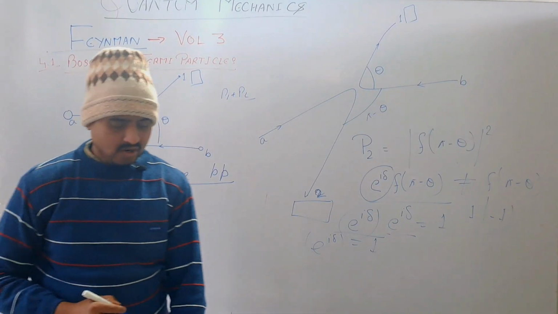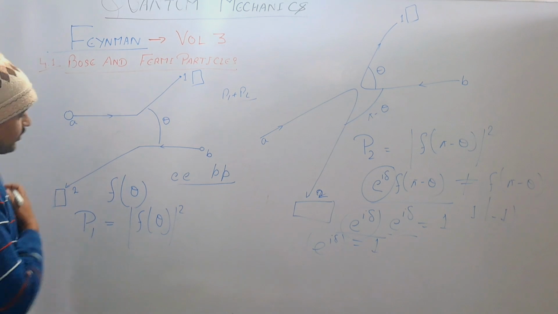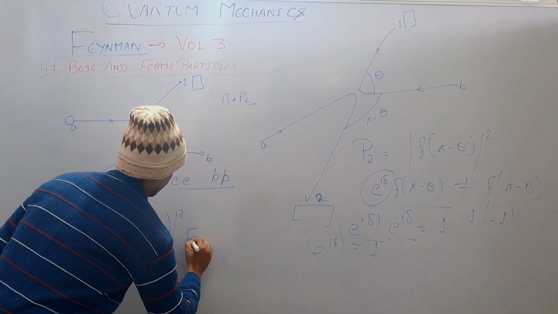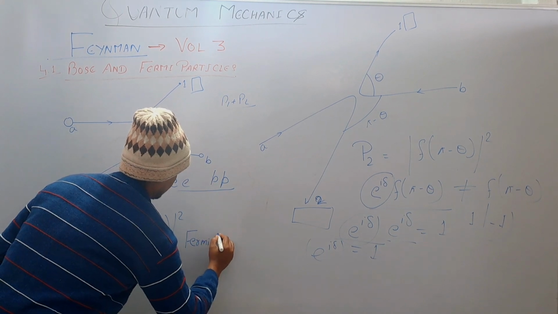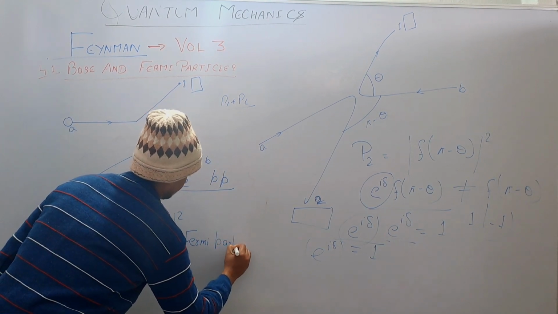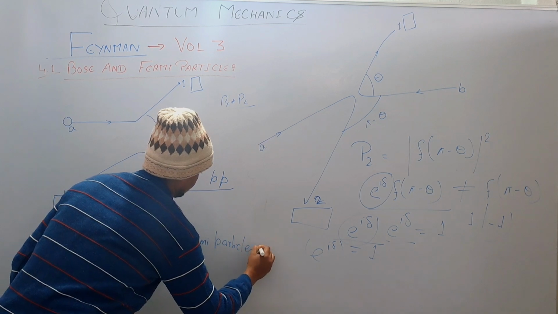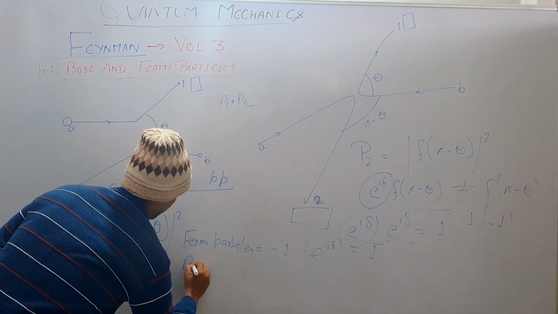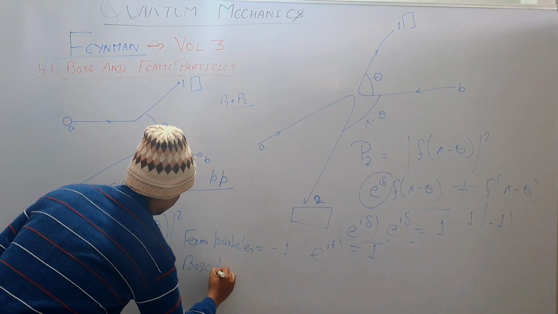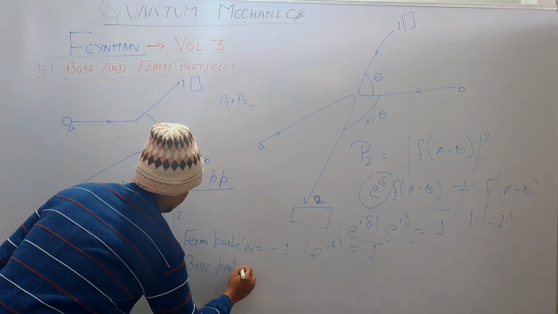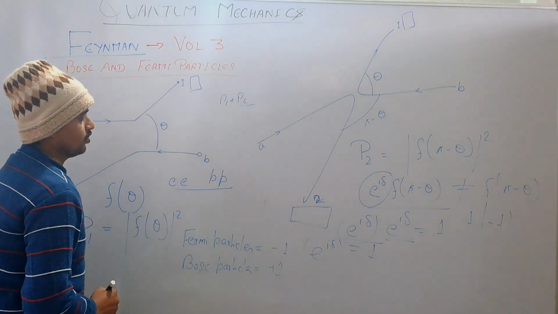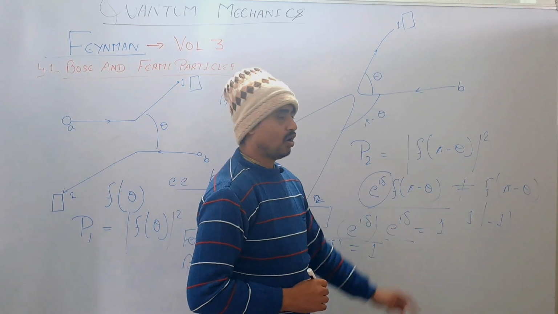So in case of Fermi particles, it is minus 1, and in case of Bose particles it is plus 1. The value of this phase factor is either 1 or minus 1.